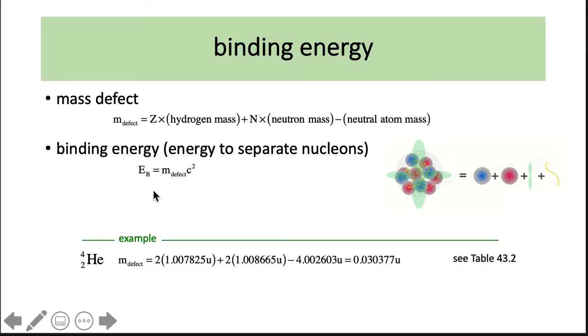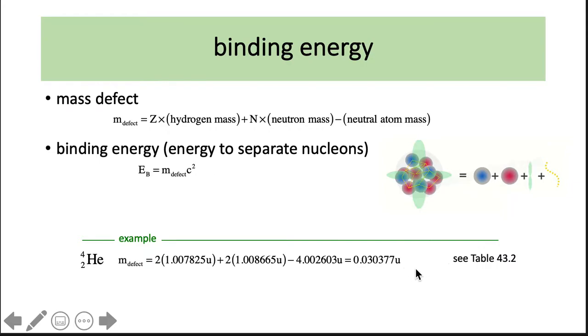And then if you multiply by c squared, that gives you what we call the binding energy of that nucleus. That's equal to what it would take to separate that nucleus into its individual pieces. You'd have to put in this much energy. So for a helium atom, it would cost you 0.03 U to take apart the 4 nucleons.